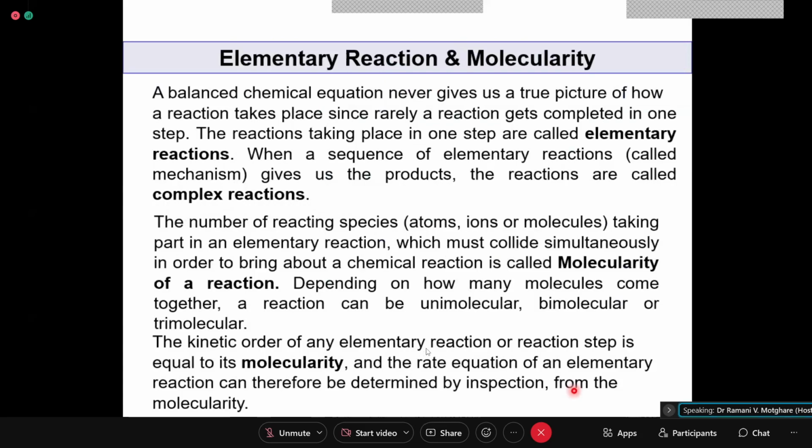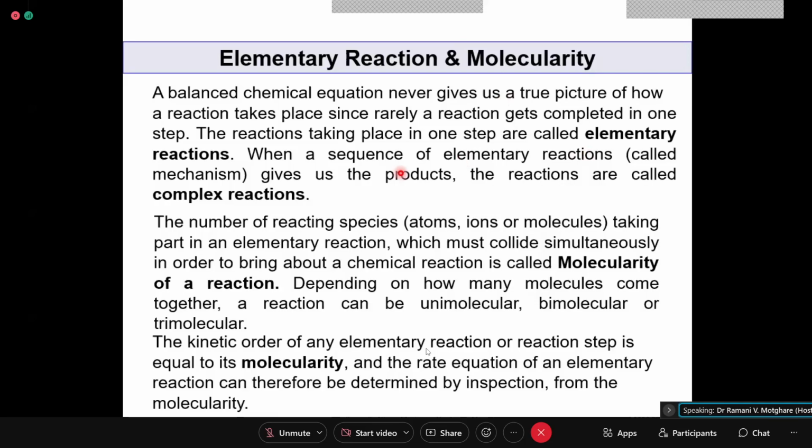Now, elementary reaction and molecularity. What is an elementary reaction? A balanced chemical equation never gives us a true picture of how a reaction takes place, since rarely does a reaction get completed in one step. The reactions taking place in one step are called elementary reactions.